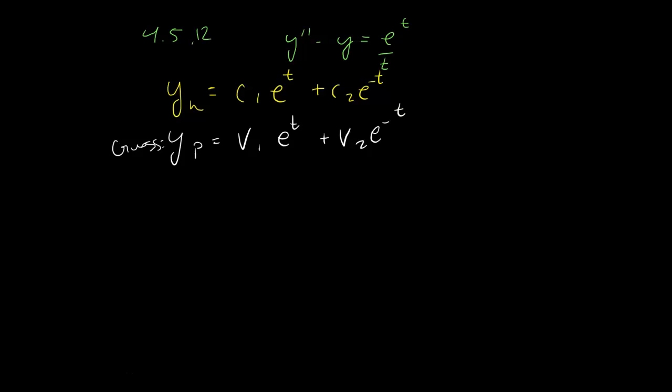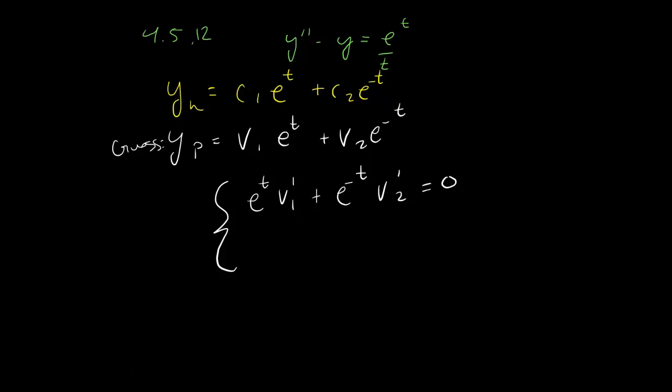So the system says that if I have e to the t v1 prime plus e to the negative t v2 prime, I'm going to demand that that's 0.